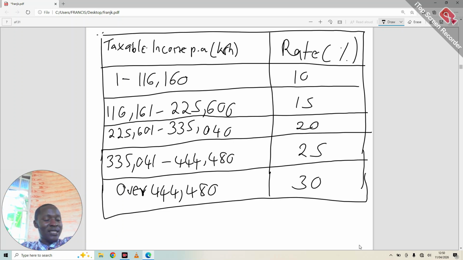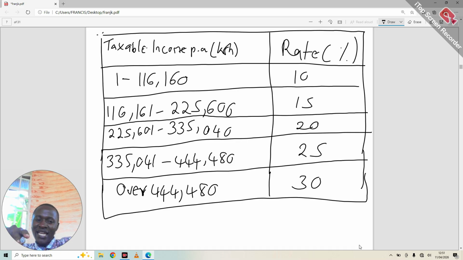Number one thing I must tell you, before you do any question under income tax, check what you've been given in the table and check what you have been given in the question.